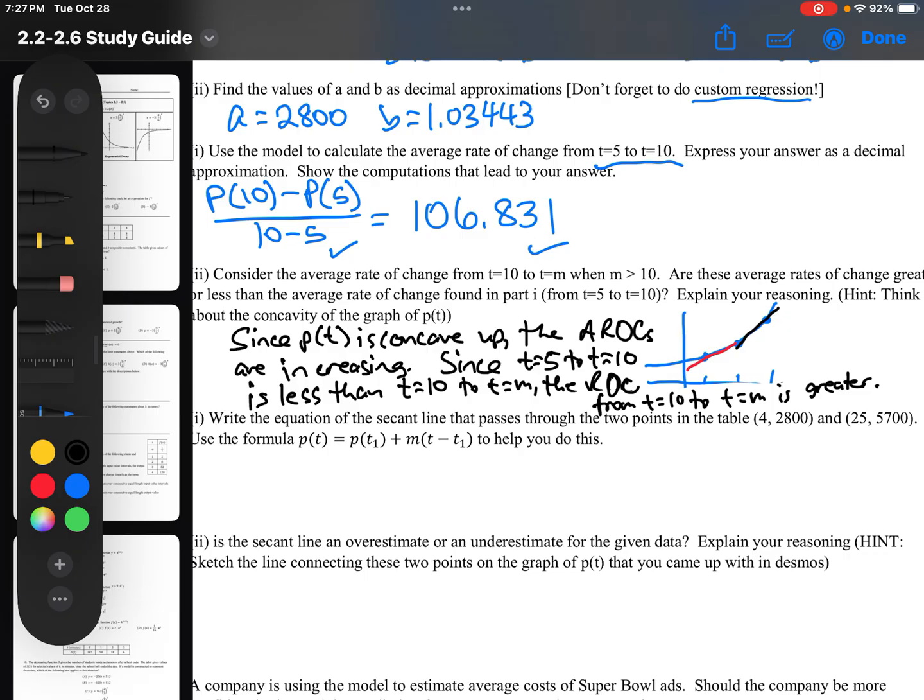Part 3 asks you to write the equation of the secant line that passes through these 2 points. And here's your formula. Actually, we're going to find the average rate of change first. So your M is going to be 5,700 minus 2,800 divided by 25 minus 4.